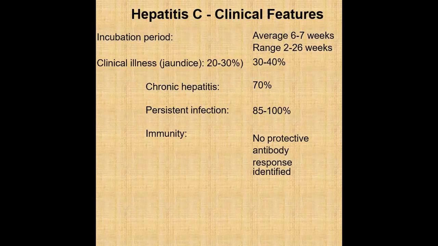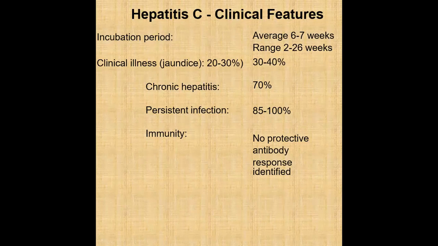Then chronic hepatitis: 70% of patients have hepatitis, but the virus is in a dormant condition and does not develop signs and symptoms. Then persistent infection is near about 85 to 100%.